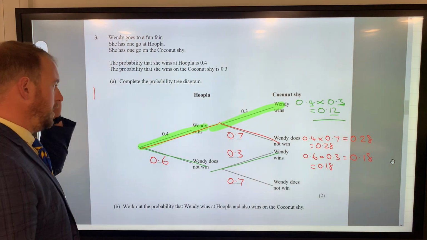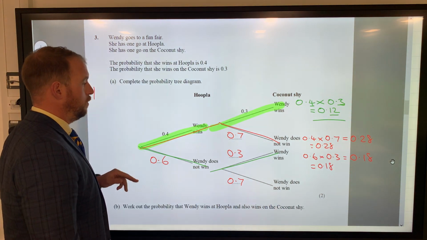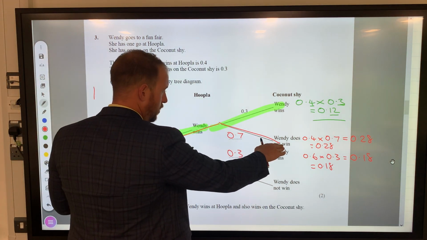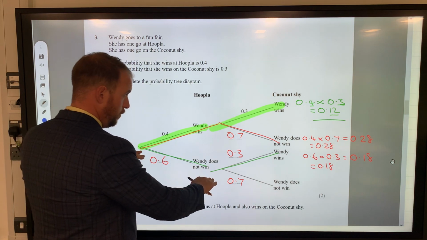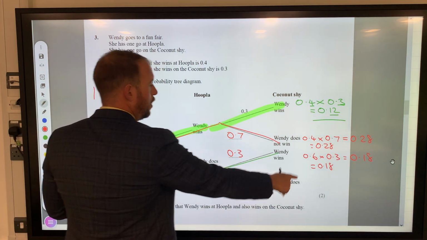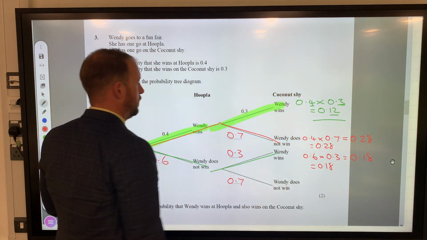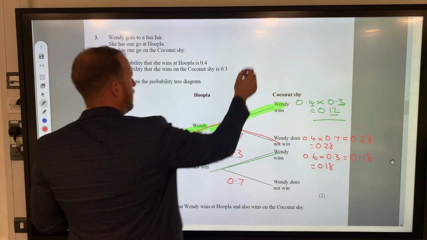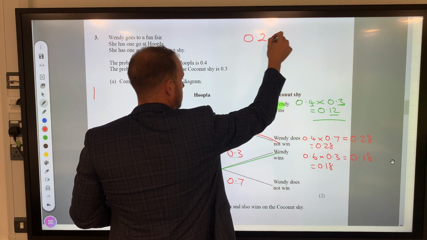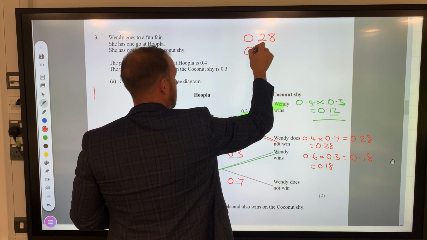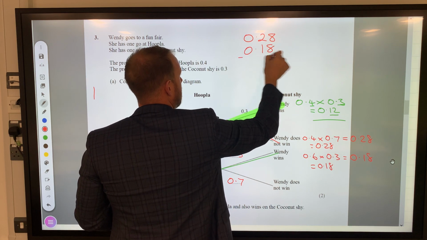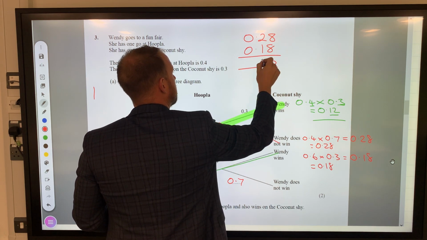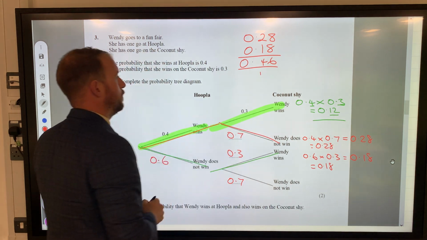So this question would be if she must win only once, so she could win and then does not win, or not win and then win. We've got 2 answers. So if we have those 2 answers, we would have to add them together. 0.28 and 0.18. Add them together to get 0.46.